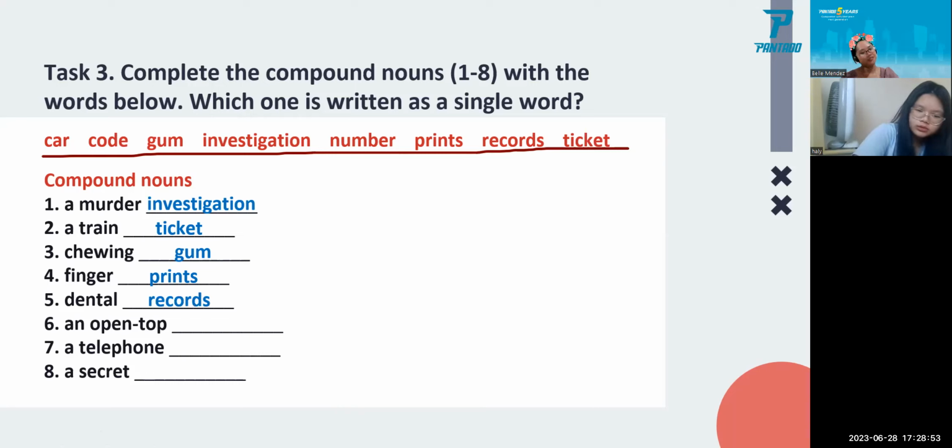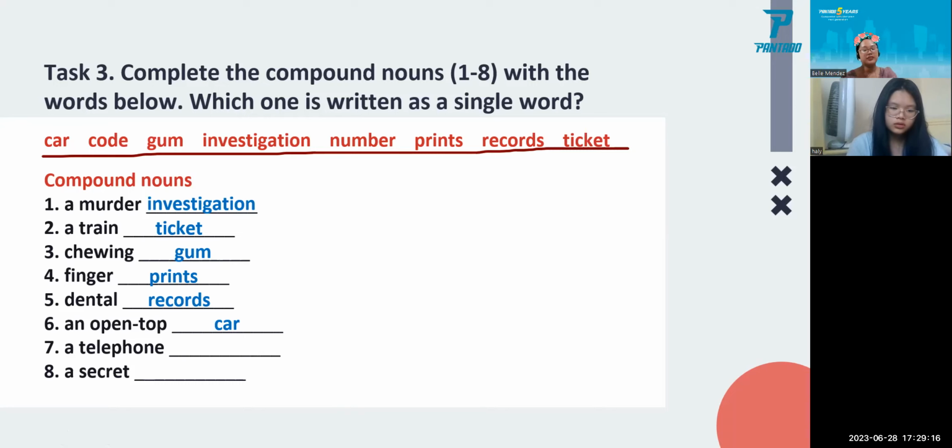Records. Yes, records. An open top car. Very good. You're right.